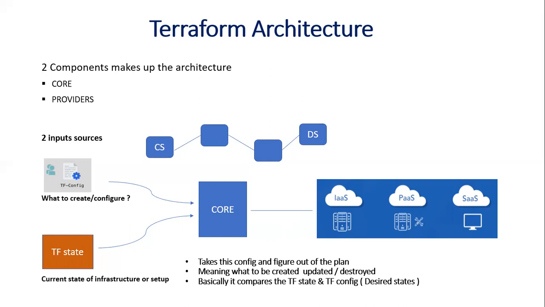The core will figure out what your current state of infrastructure is and what the user wants to create in the infrastructure. Basically, it'll compare. The user might create the infrastructure, or he might update the infrastructure, or he might destroy the infrastructure. So here the declarative approach comes into the picture.